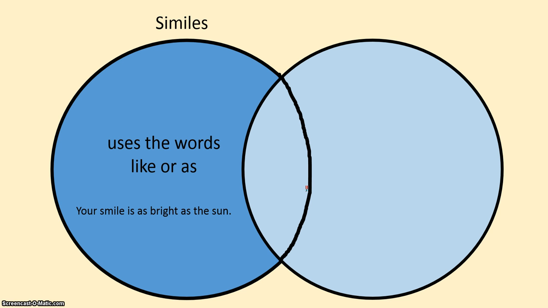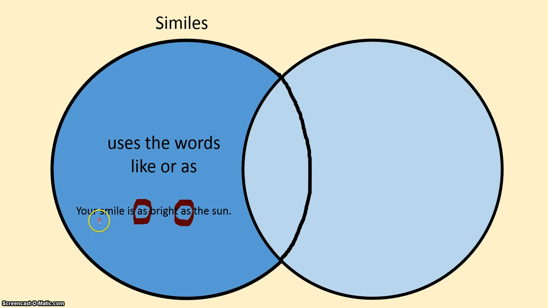Do you see the word like or as? I see as. Let's circle it. I also see it in the sentence again. Let's circle it. Now, what are the two words that are being compared?